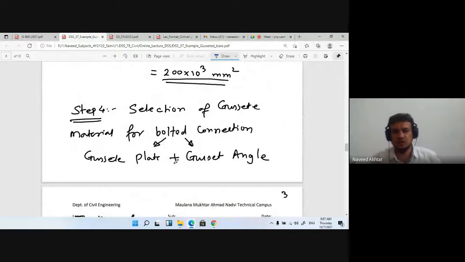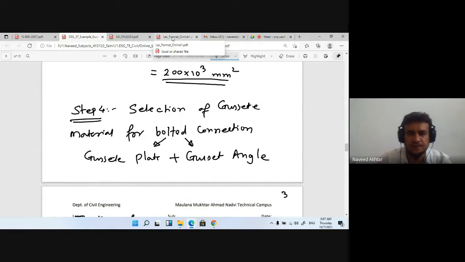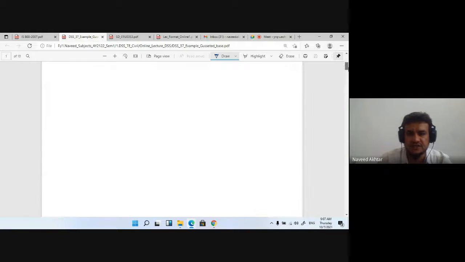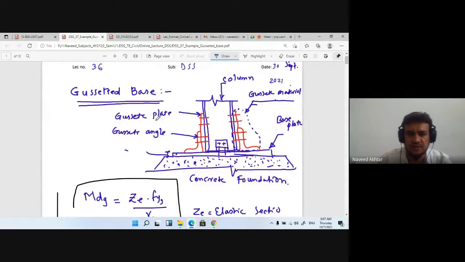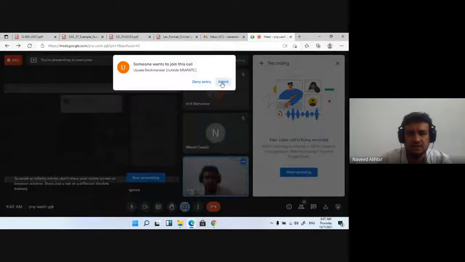Now, selection of the gusset material in step number 4. Gusset material consists of gusset plate and gusset angle. We have already drawn a figure showing the gusset plate and the gusset angle.